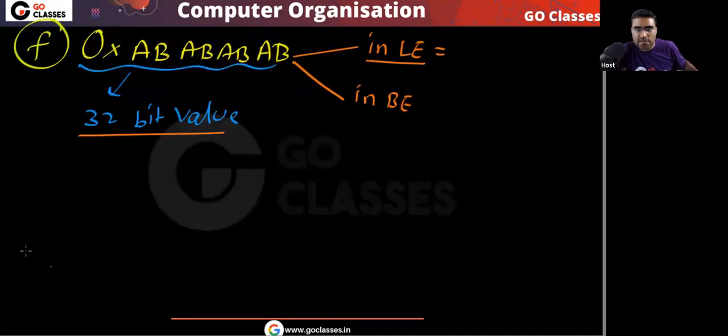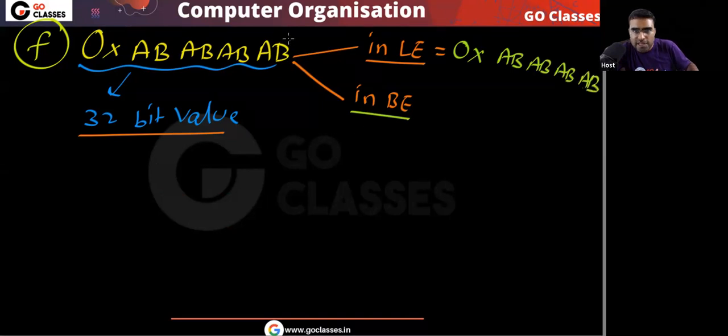Look at this value. This is the 32-bit value, and in the little endian, in the big endian, this will represent the same unsigned number, because in the little endian also, this will be AB, AB, AB, AB.